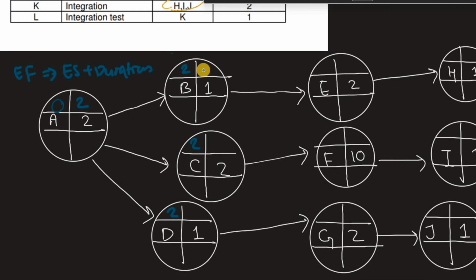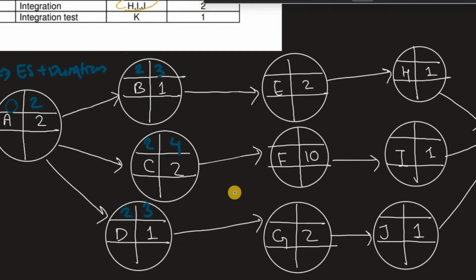Next, 2 plus 1 is 3, 2 plus 2 is 4. What are we doing? We are finding the earliest finish, by adding the earliest start plus the duration. So 2 plus 1 is 3. Again, the earliest start of the next one is the earliest finish of the previous activity, which is 3, 4, and 3 here.